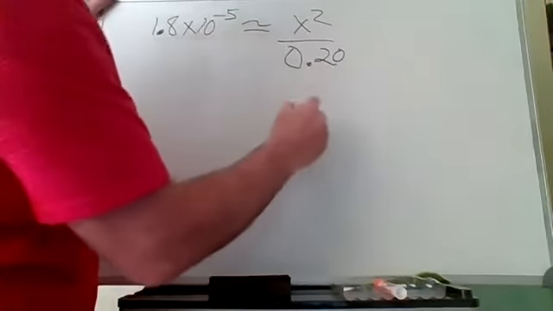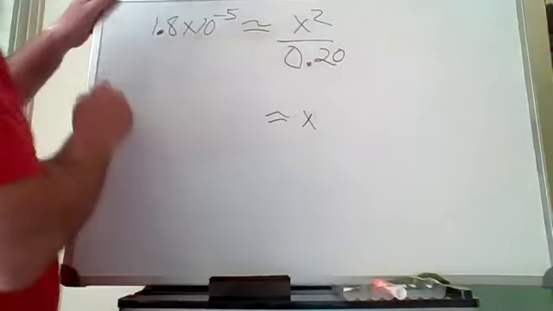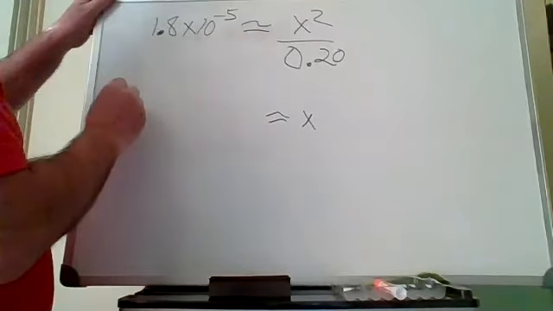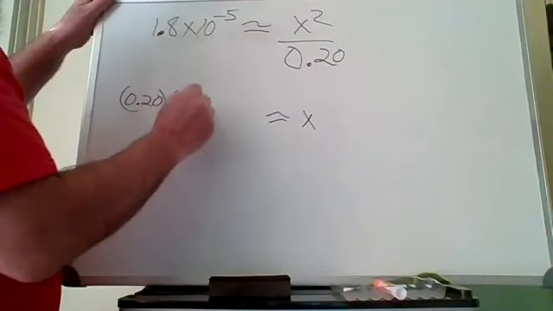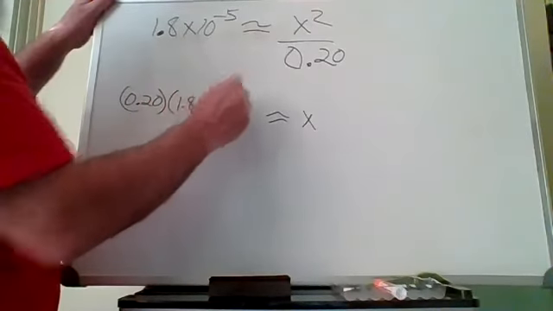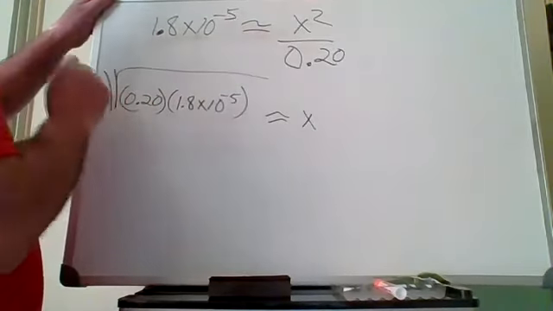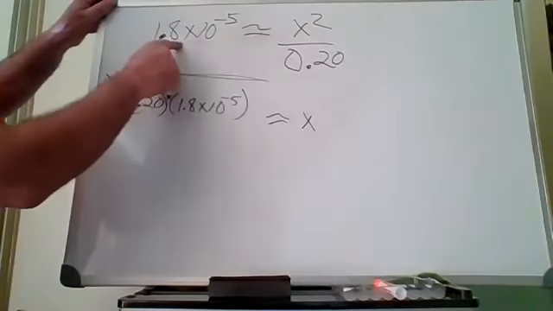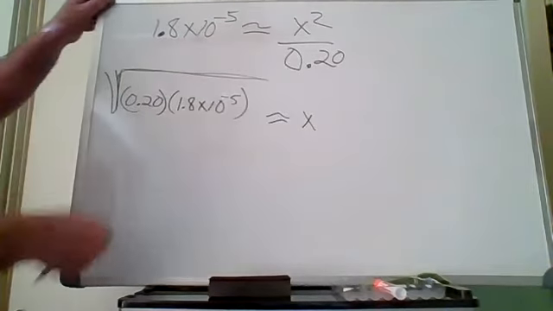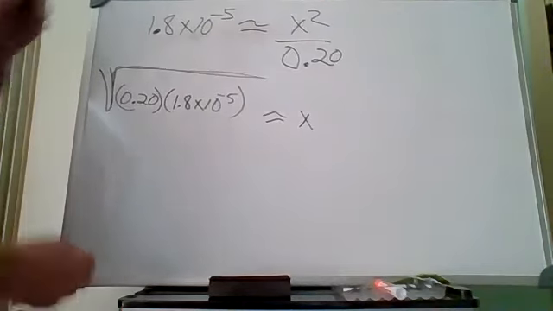So now x is approximately equal to the square root of 0.20 times 1.8 times 10 to the negative fifth, right? I moved the 0.2 over and then took the square root. Everybody good there?